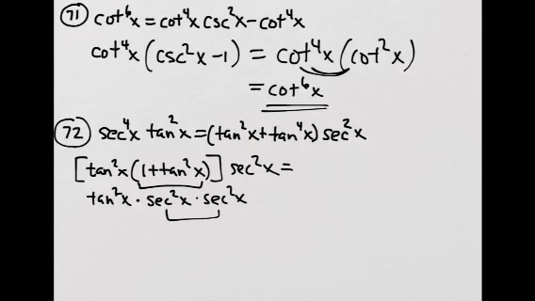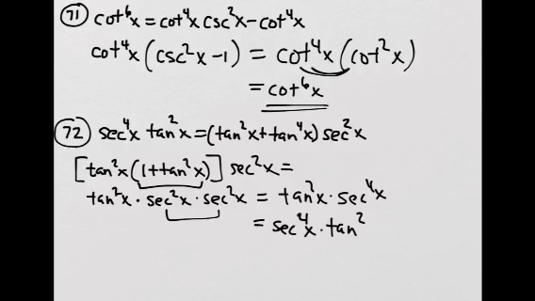So these two get multiplied together and you get tangent squared x times secant to the 4th x. And just to make them look exactly the same, we just switch the order. And you are done.